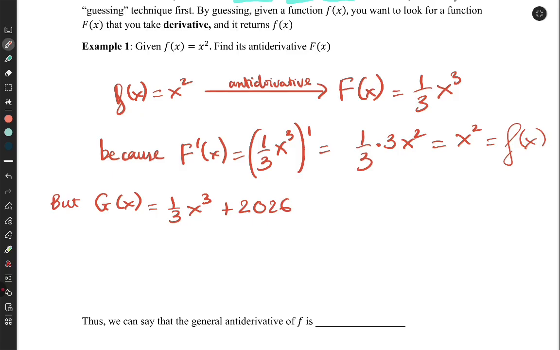Take the derivative of this one. What is g prime? g prime is x squared. That is also f of x. The derivative of this function gives you that function, which proves that this function is an antiderivative of f by definition. So this is also an antiderivative.